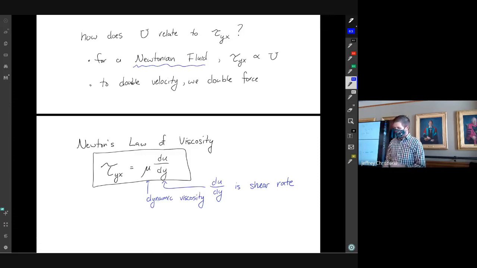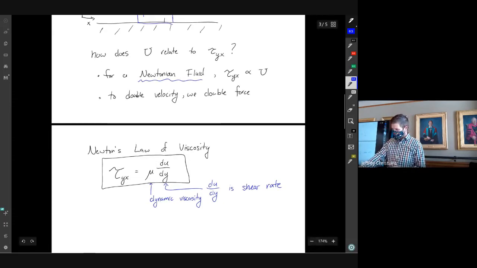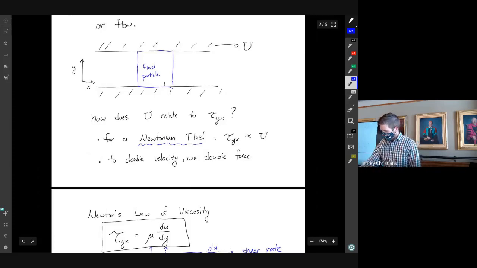du dy is the shear rate. And if we go back up to our picture, our fluid is going to flow, say something like this. So that slope is the shear rate.